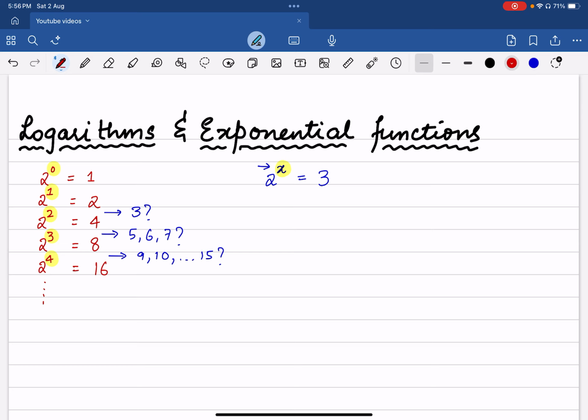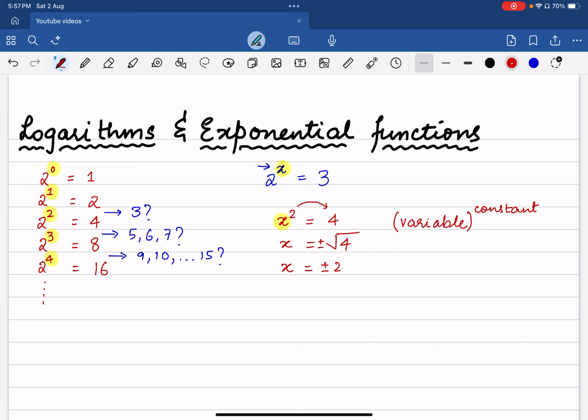Until now, we have all seen that if we had something like this, life was easy because we could send the power over there and it would automatically become square root, obviously, along with the plus and the minus sign, giving us the value of x. Good thing over here was that the variable was in the base and the constant was in the power. So we all probably by now know how to solve variable raised to constant.